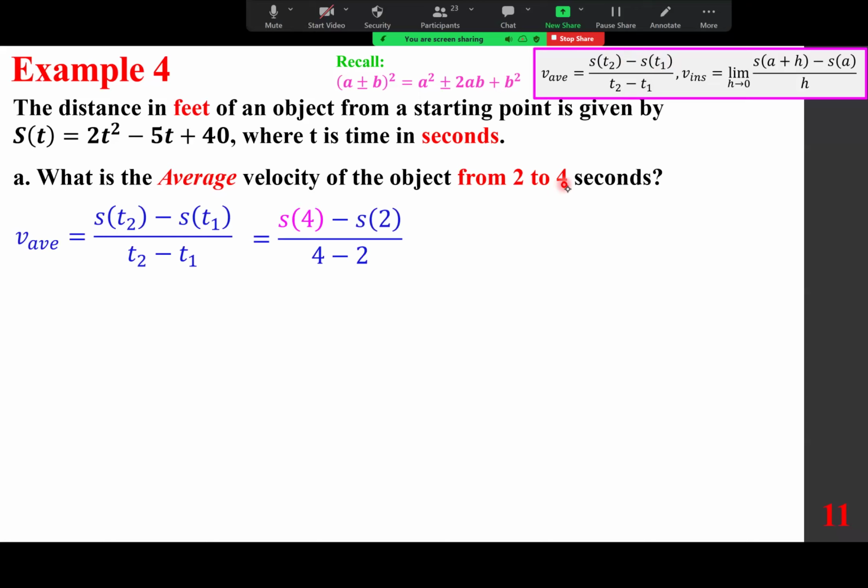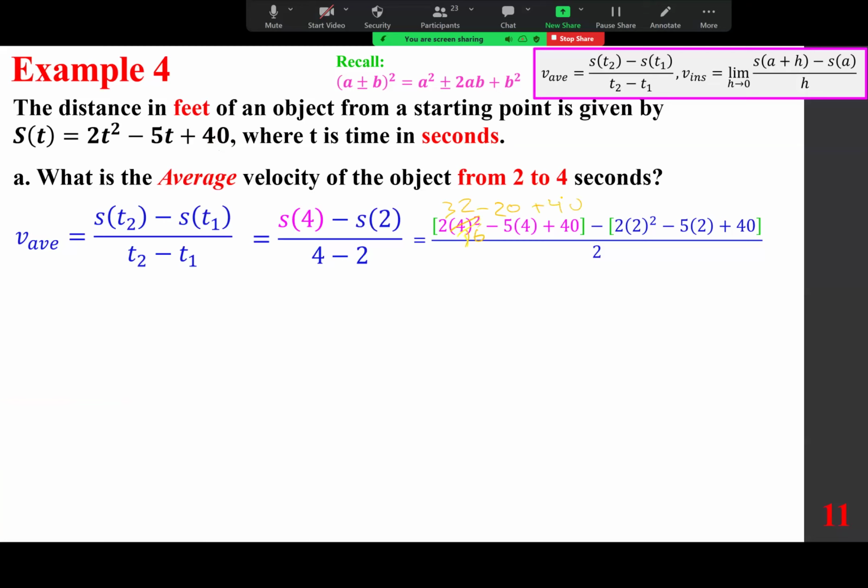So elementary algebra: plug in 4 and evaluate, plug in 2 and evaluate for the numerator. So we have 2 times 4 squared minus 5 times 4 plus 40. Minus, we plug into 2 times 2 squared minus 5 times 2 plus 40. This is 16, making it 32 minus 5 times 4 is 20 plus 40.